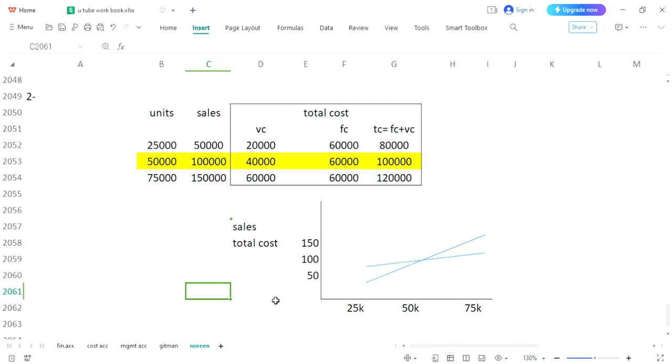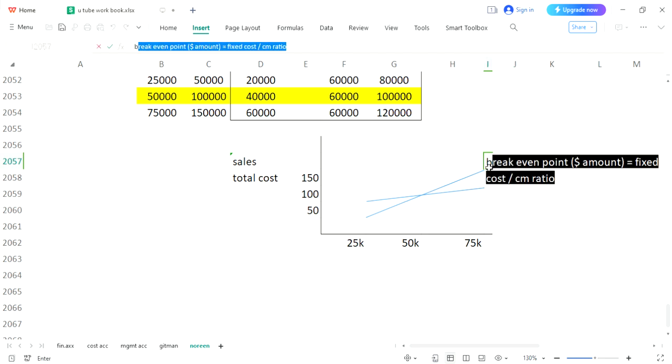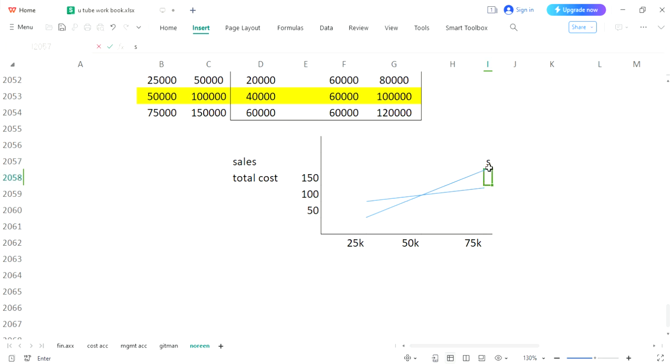So in this way you will complete your CVP graph. The first line was for sales, so you can put S, and the second line was for cost. So this way sales and cost, and this point over here is the break even point at 50,000 and 100.